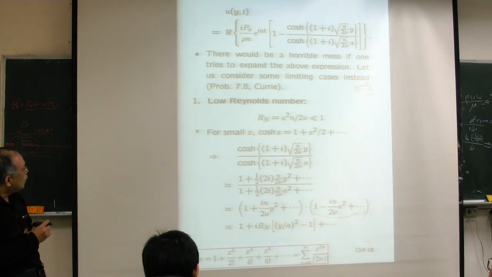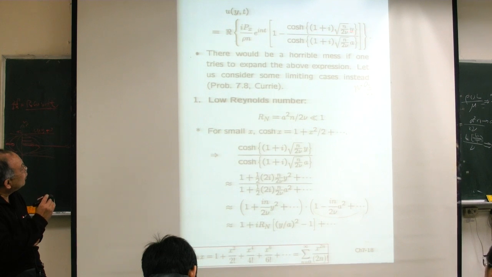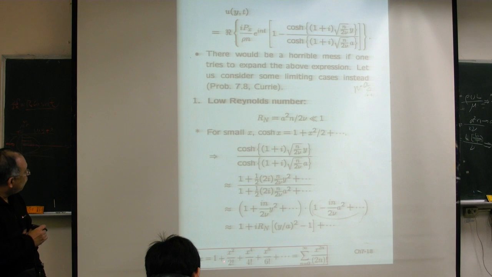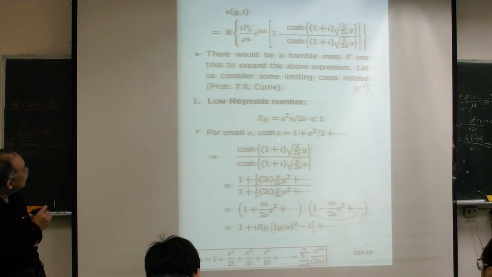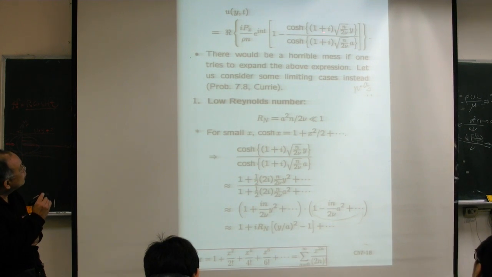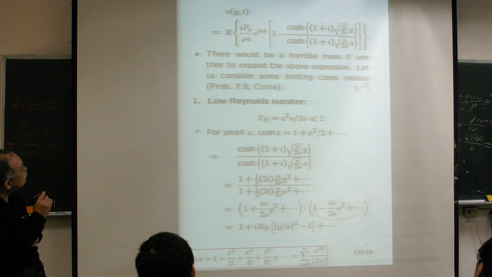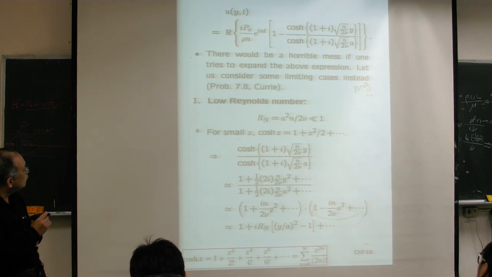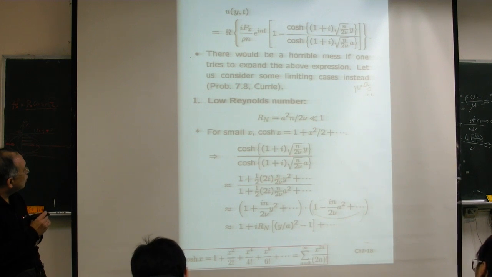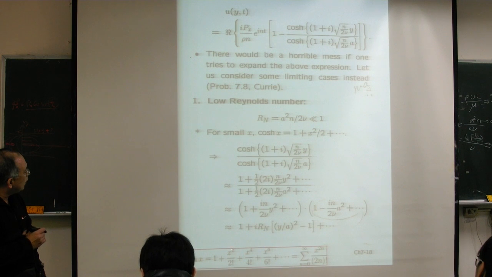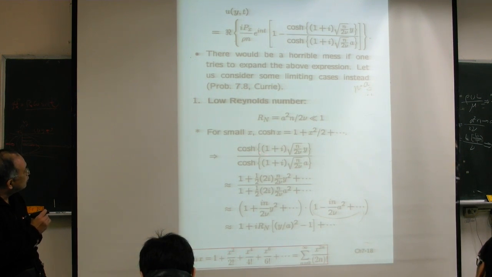So on the cosine, this function becomes 1 plus 1/2, because 1 over 2 factorial is 1/2, times this function. This x squared is this square.